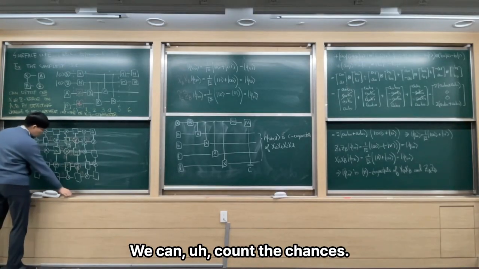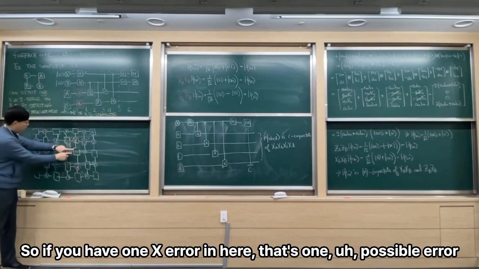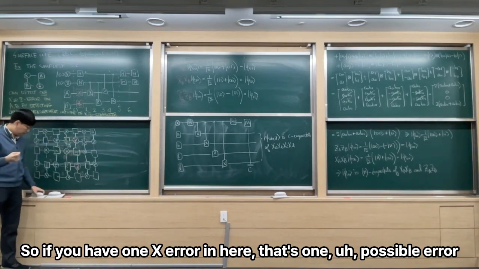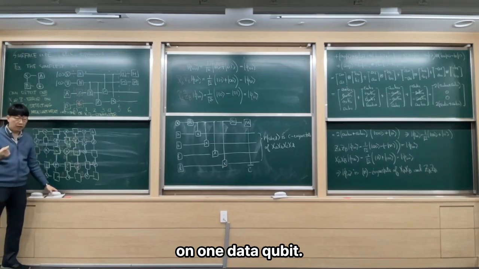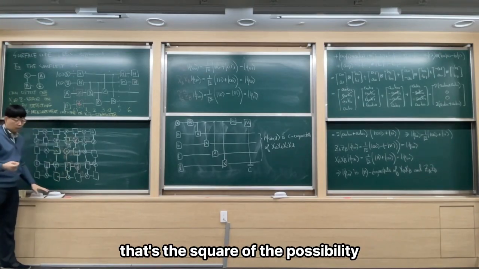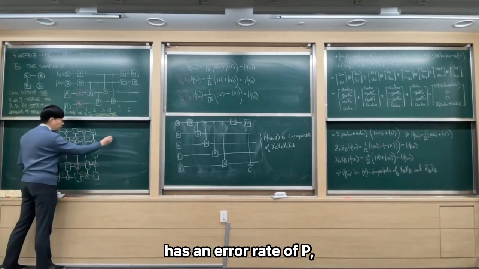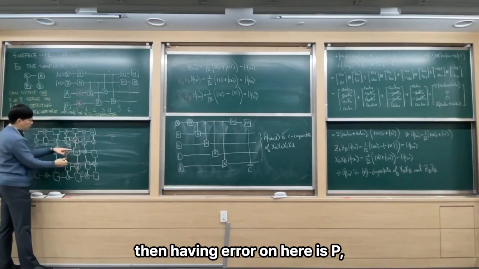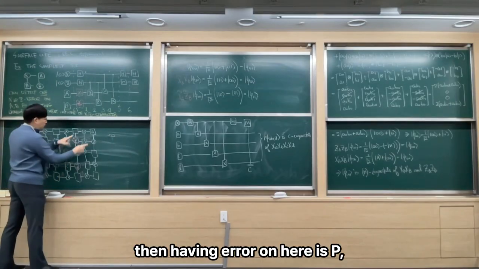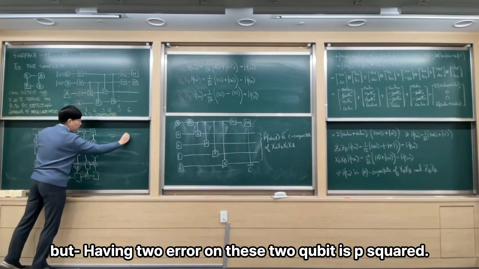But let's see, we can count the chances. If you have one X error in here, that's one possible error on one data qubit. If you have two errors on these two qubits, that's the square of the possibility of having an error on each data qubit. So if the data qubit has an error rate of p, then having an error here is p, but having two errors on these two qubits is p squared.